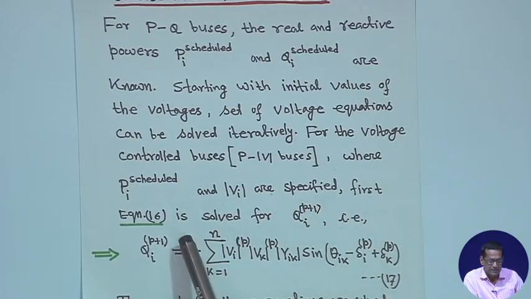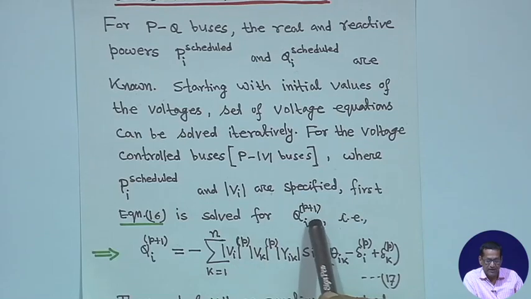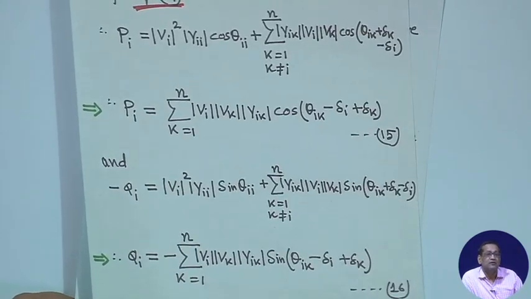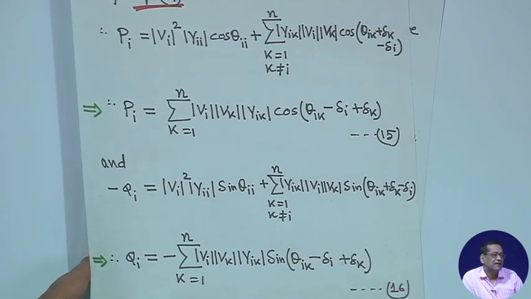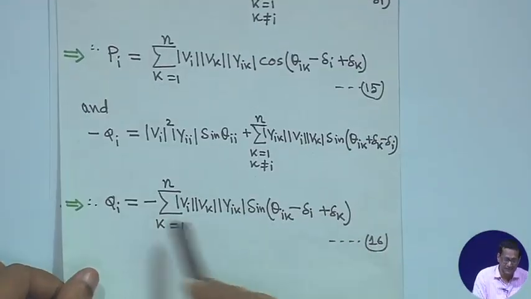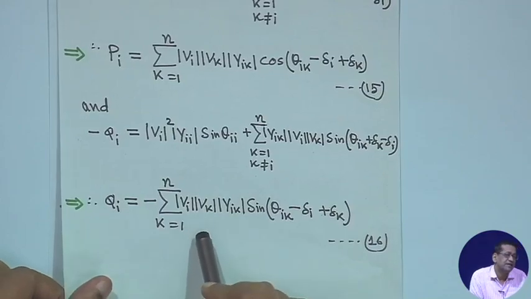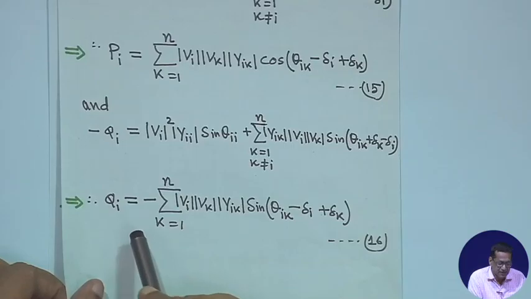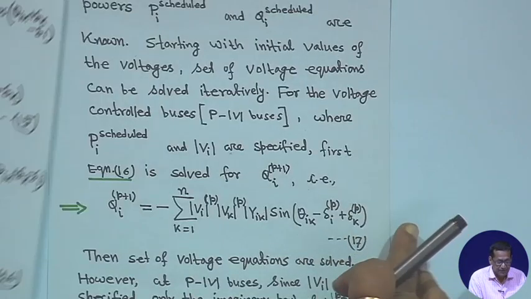So first, equation 16 is solved for Q_i at the (p+1)th iteration, because at the PV buses P and voltage magnitude are both known, and Q and voltage angles are not known. So when considering PV buses in the Gauss-Seidel method, this equation can be written for the (p+1)th iteration.